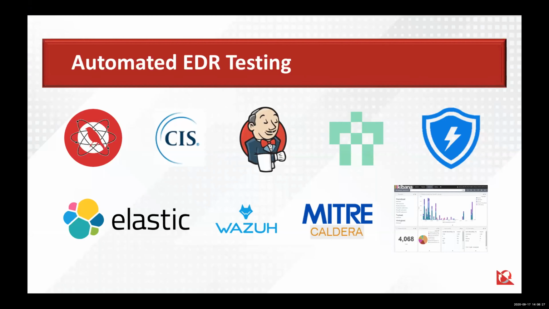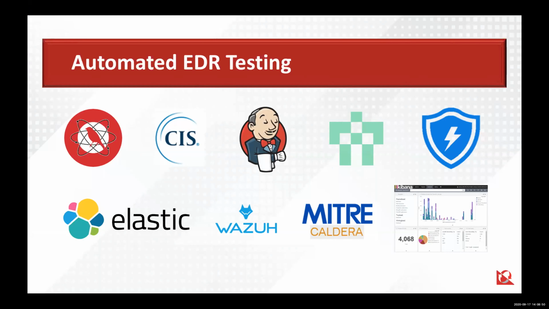So next we're going to move into automated endpoint detection and response testing. This environment has a lot of tools in place. We try to show you a little bit of variety. What we're using here is some Atomic Red Team, some Red Canary, CIS baselines on protected versus unprotected sites, Jenkins for automation.